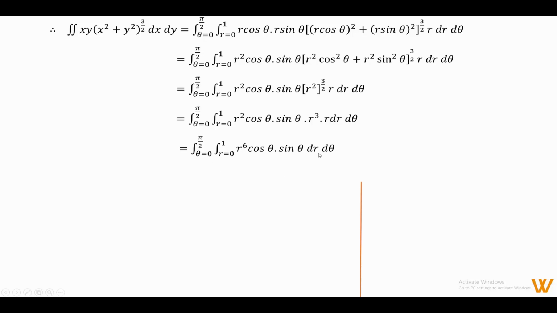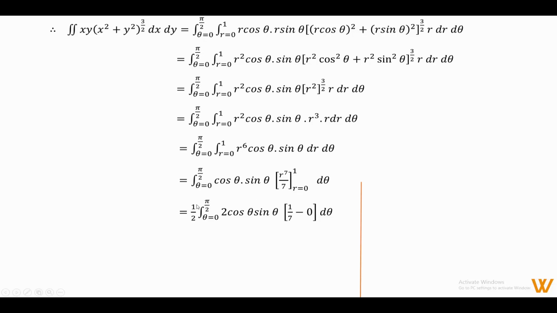Now first integrate this term with respect to r. So the integration with limit theta varies from 0 to pi by 2. Cos theta sin theta is a constant. Integration of r raised to 6 is r raised to 7 upon 7, r varies from 0 to 1, d theta. Now here first put the value of r is 1 and then put the value of r is 0.